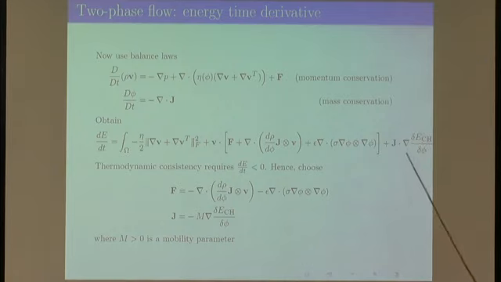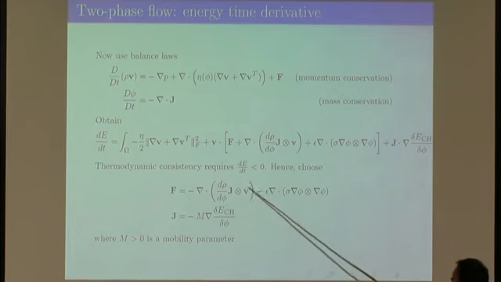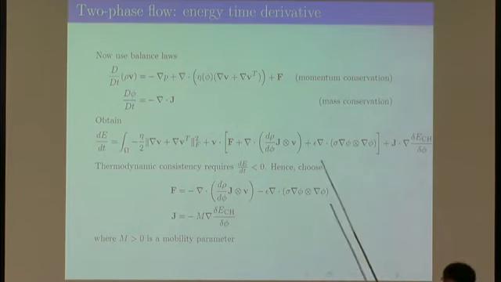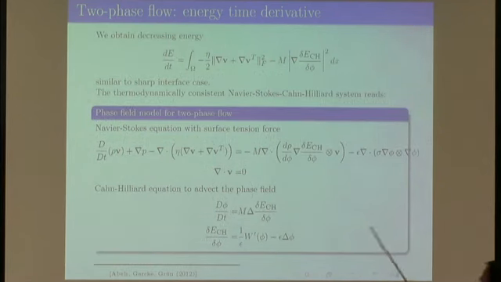And for the last part, you have this flux here, and you can also make this contribution negative by assuming that the flux is equal to the negative of this gradient term here. Okay, so you choose basically F and J in such a way, and you get decreasing energy, which looks like this. And so what we have done now is we have basically derived this diffuse interface model for two-phase flow.